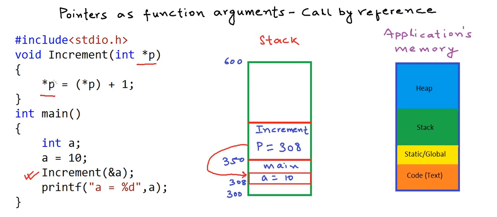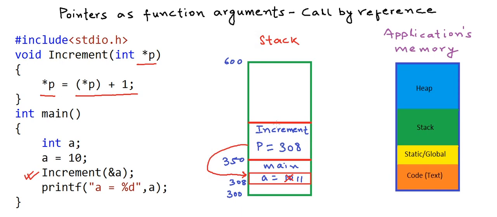So asterisk P is the value at the address stored in P. We say that increment the value stored at address P by 1. The value stored at address 308 gets incremented by 1. So A is now 11.